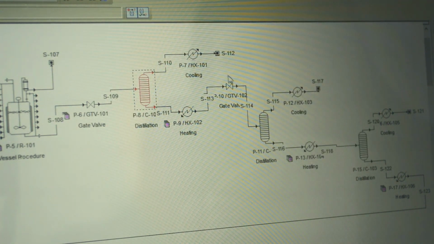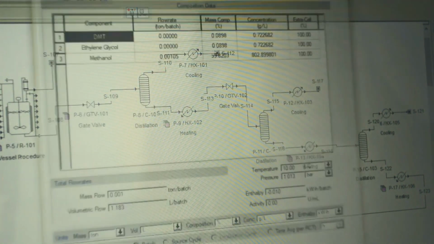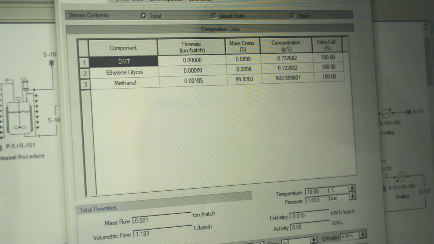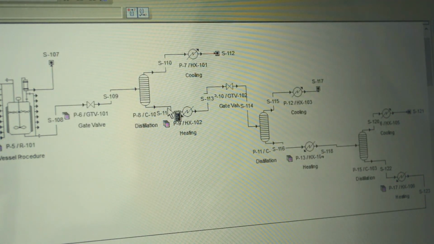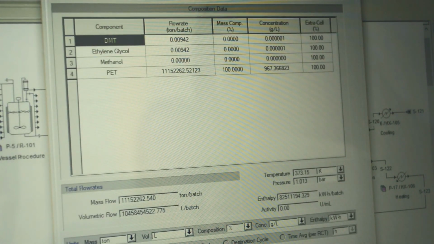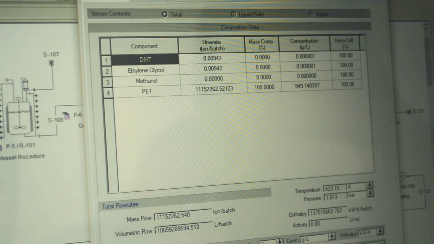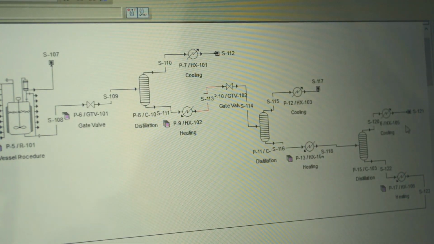The overhead stream undergoes a cooling process from 90 degrees Celsius to 10 degrees Celsius, and the bottom stream undergoes a heating process from 100 degrees Celsius to 150 degrees Celsius. Then the gate valve is used to control the flow rate of the stream.